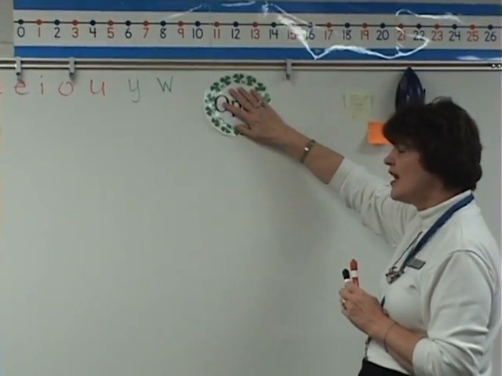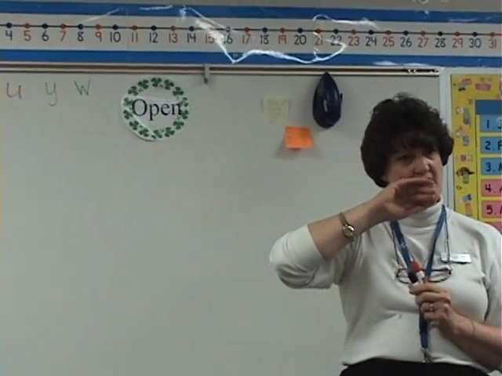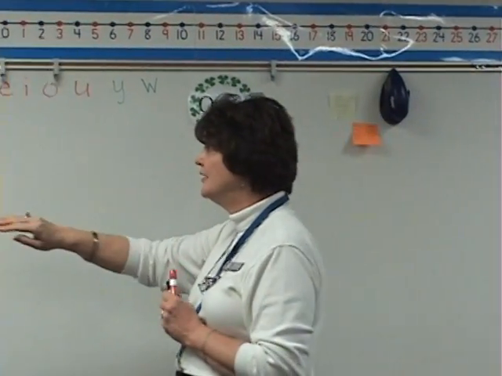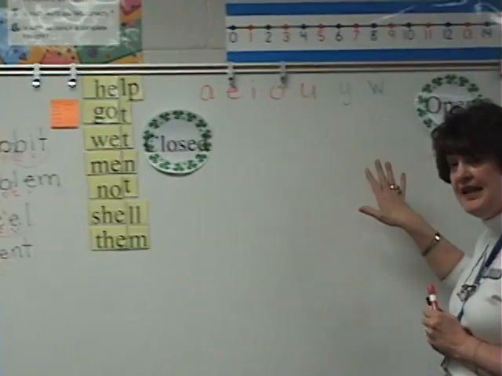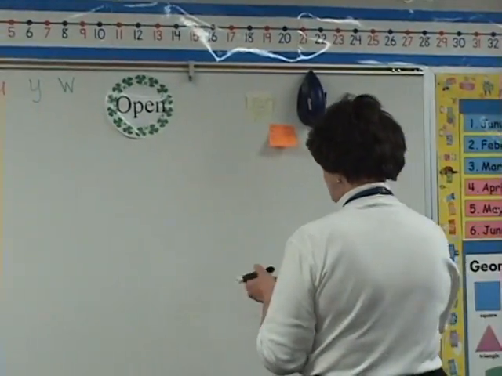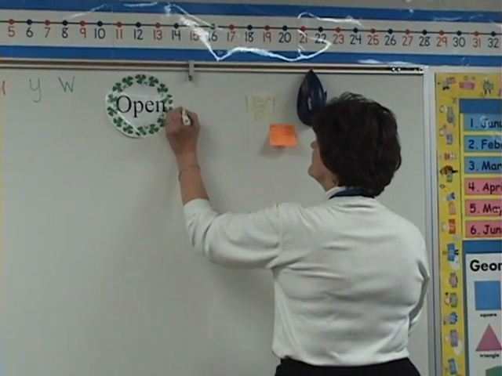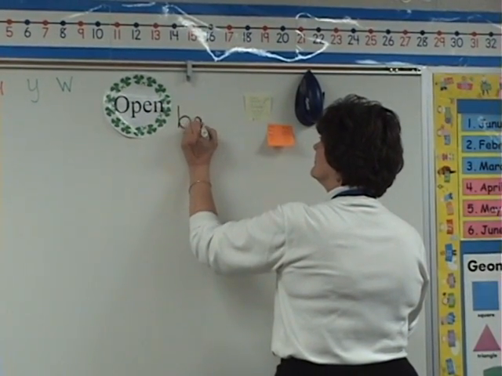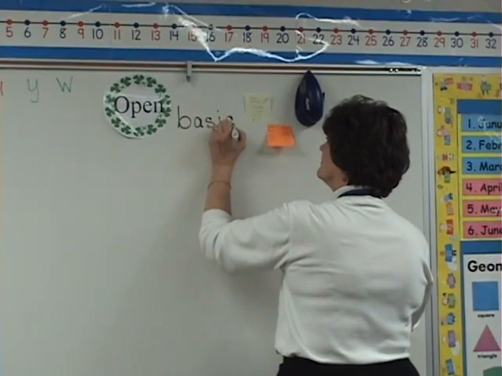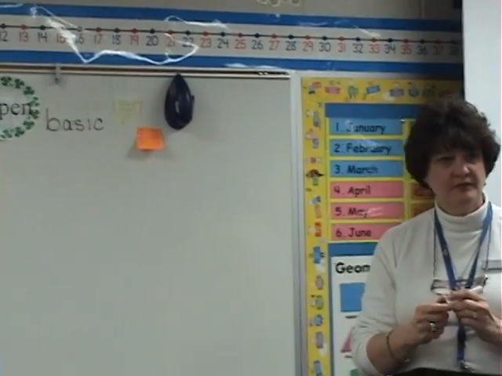So, where do open syllables come in? Can you put a closed and an open syllable together to make a word? Do you think so? Let's try. Let's try these words. What do we look for first?